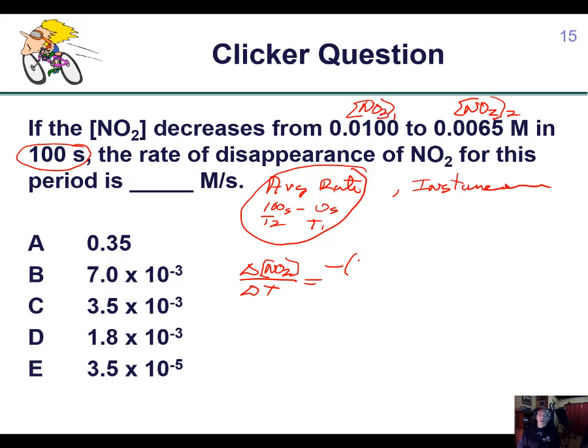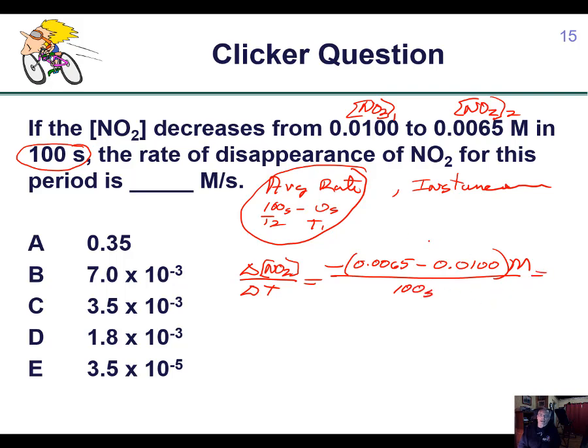And so we're going to have 0.0065 molar minus 0.0100 molar, this is molarity, divided by t2 minus t1, which they've already done for us, which is 100 seconds, no great mystery there.